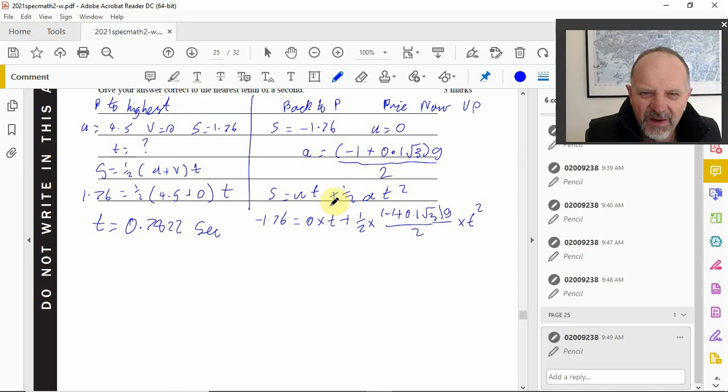Now, of course, the u term is 0 times t, so we've now got 1.76 equals a half.